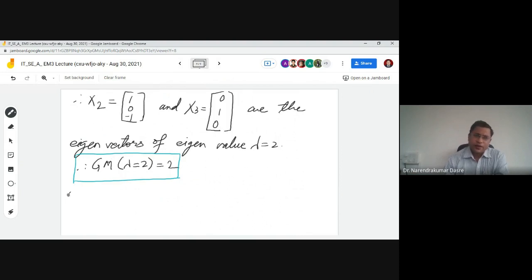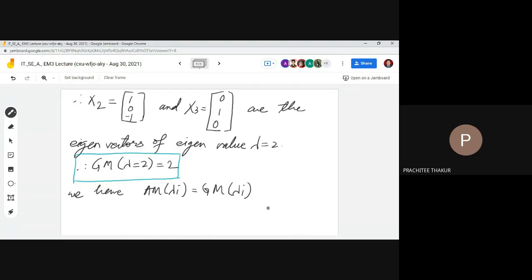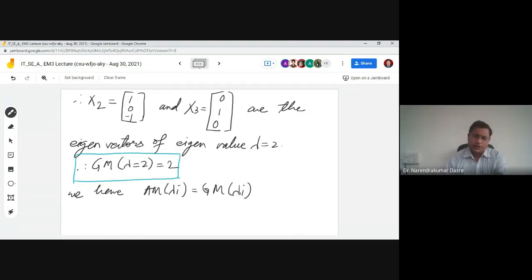Hence we have algebraic multiplicity of lambda i is same as geometric multiplicity of lambda i. Is this statement true? Can we make this statement? Yes, sir.